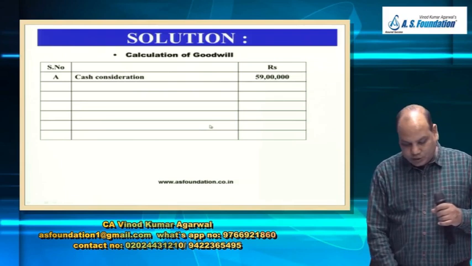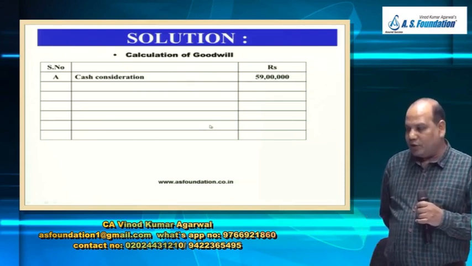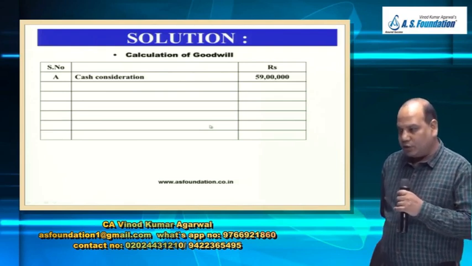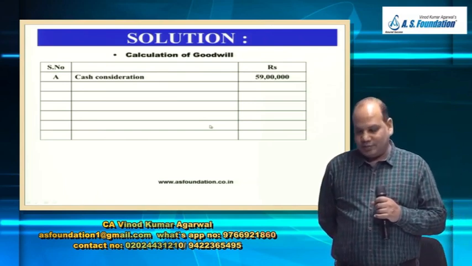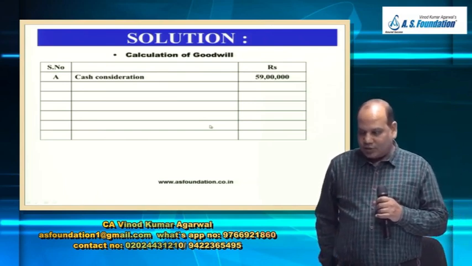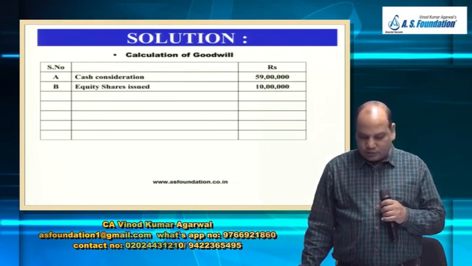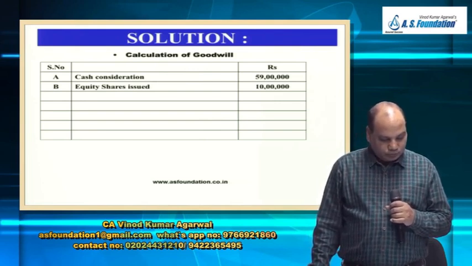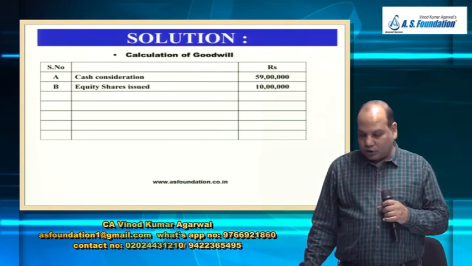Now first you have to make a small list of consideration paid. So write down the heading, calculation of goodwill. Right hand side rupees, point number A. Cash consideration. Just write cash, 59 lakh. B write equity share issued, 1 lakh into 10, 10 lakh.